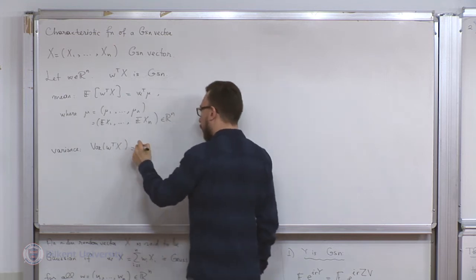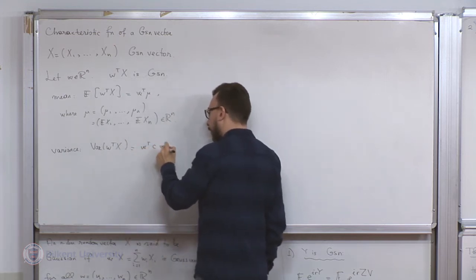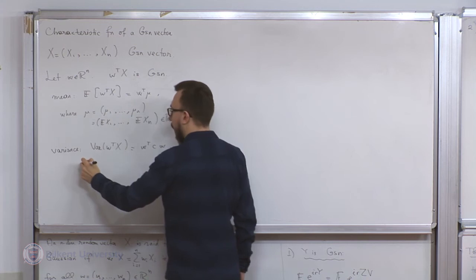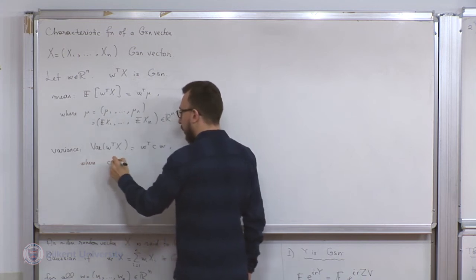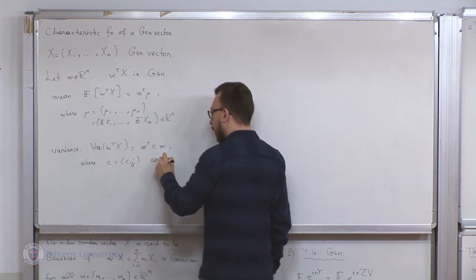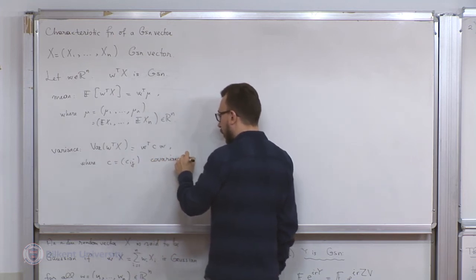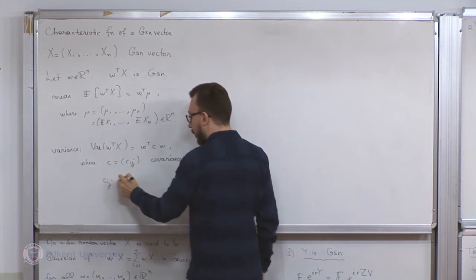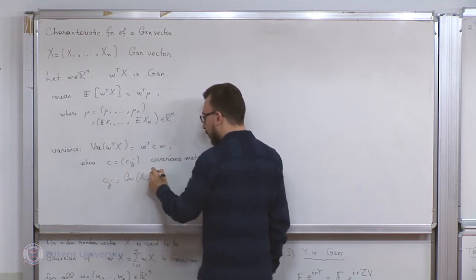Well, this is W transpose CW, where C is the covariance matrix, whose ij entry is the covariance between Xi and Xj.